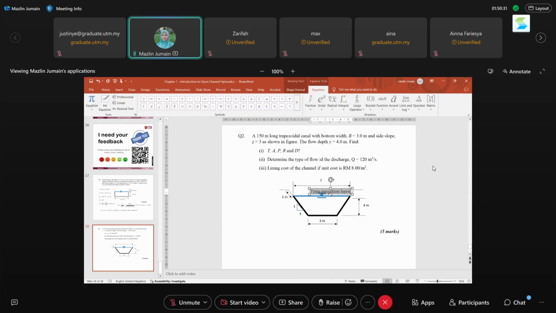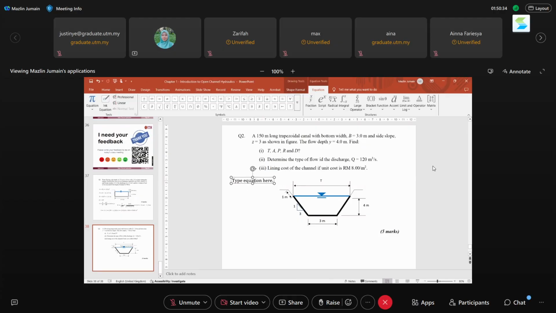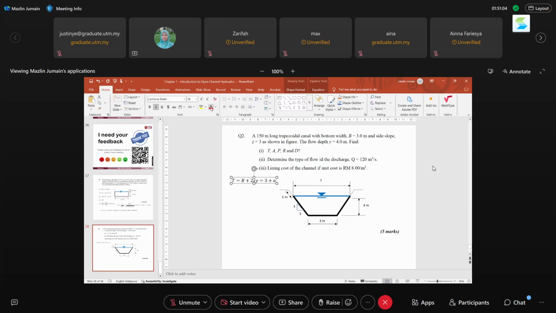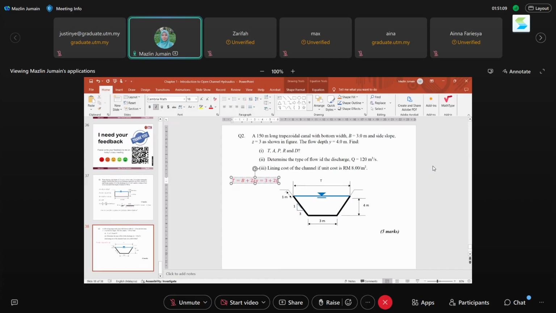So insert the equation. So what is the equation for T? Equation T for trapezoidal channel. So T equal to B plus 2ZY. Okay. And then the B value is 3 plus 2 times Z, the value is 3, and then Y value is 4.